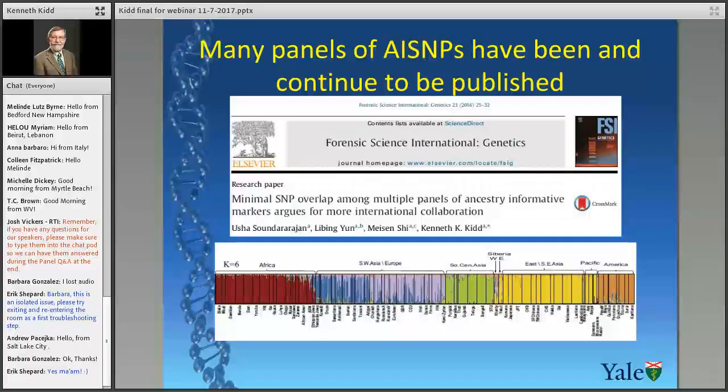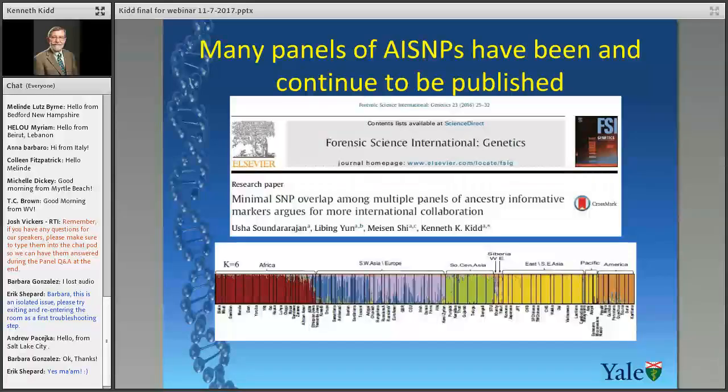One of the findings has been that many different research laboratories have published panels of ancestry SNPs, and more are continuing to be published.